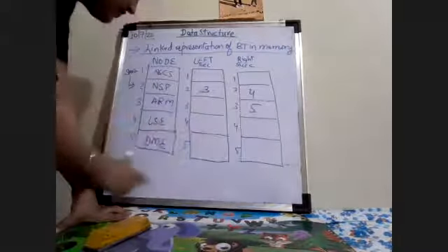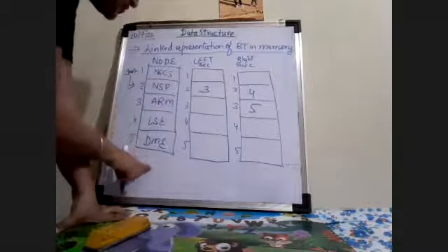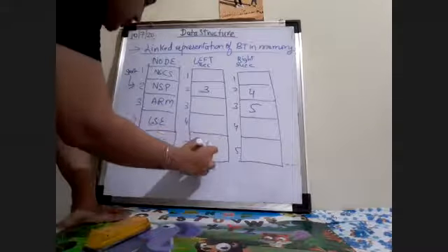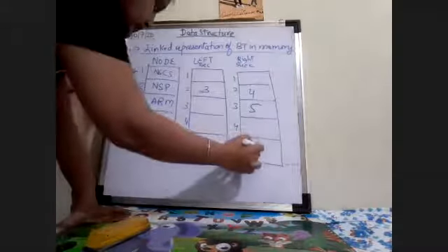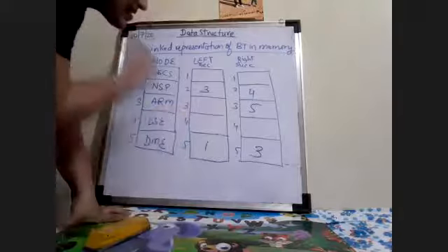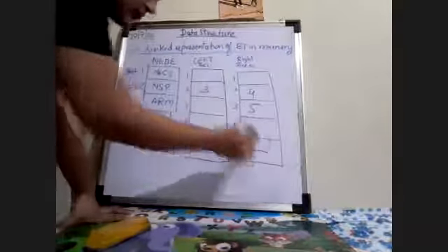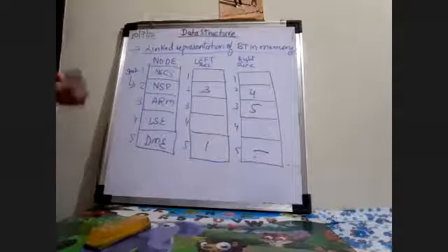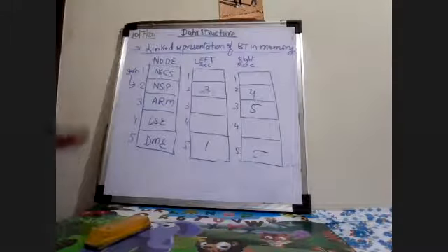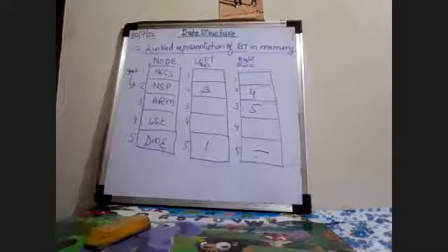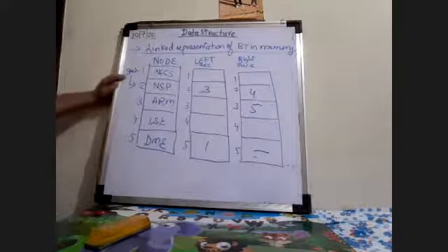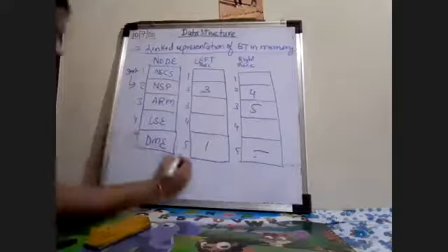So number 5 is linked to number 1 and number 3. Okay. I have taken a very small example. Just to show you, in the notes it is a very big diagram with a hospital bed example. So my start node, that is my root node, is NSP.